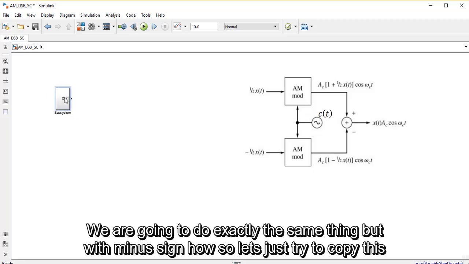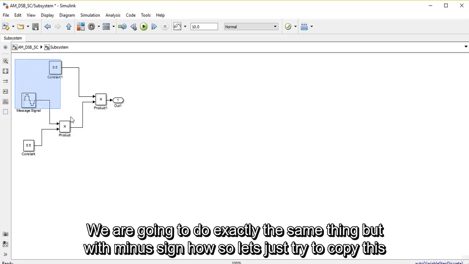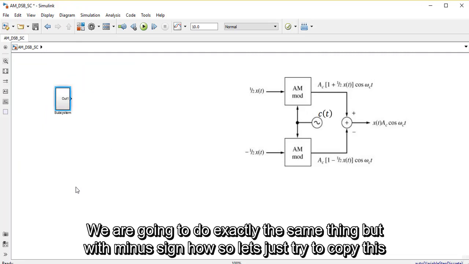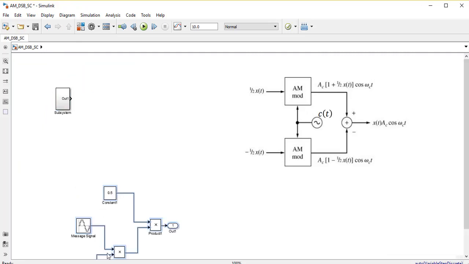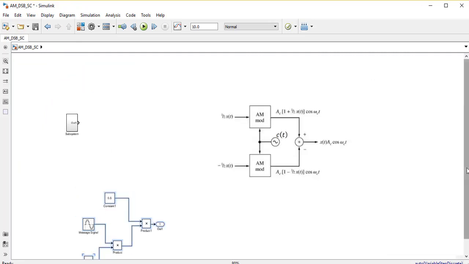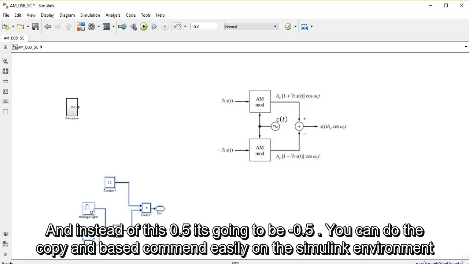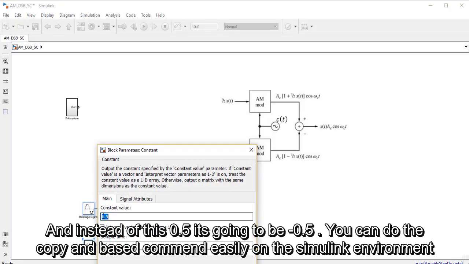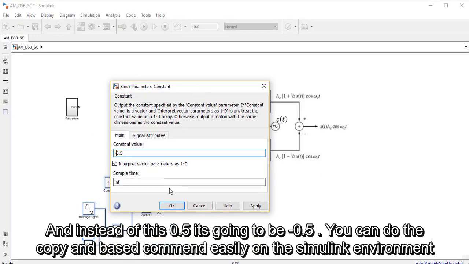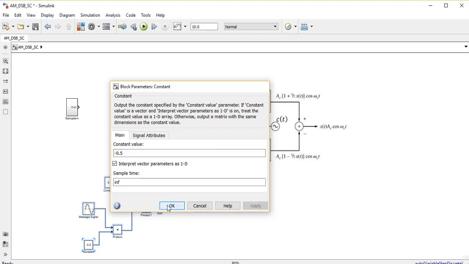We're gonna do exactly the same thing but with minus half. So let's just try to copy this. We paste it here, and instead of this 0.5, it's going to be minus 0.5. You can do the copy and paste command easily in the Simulink environment.